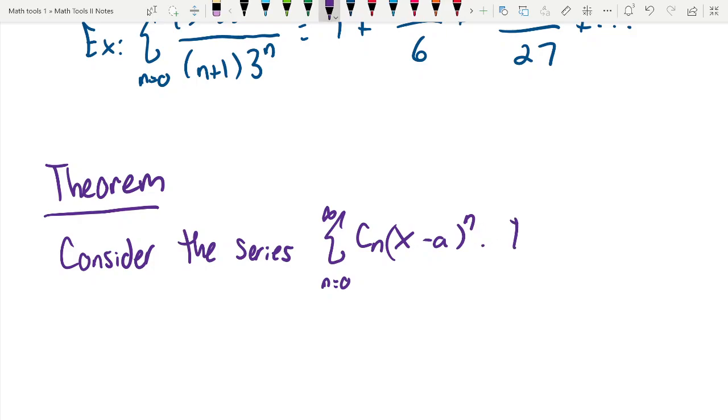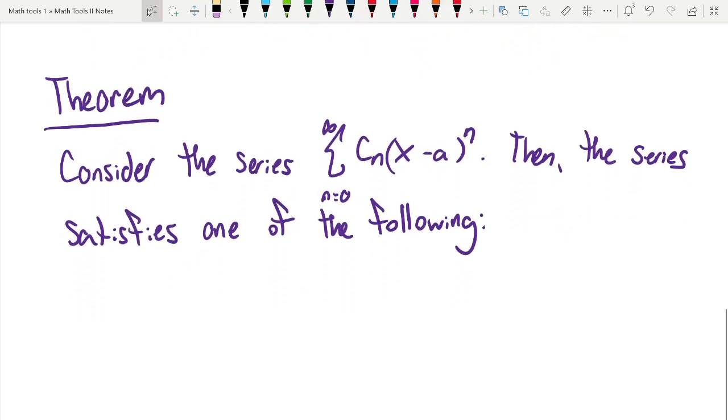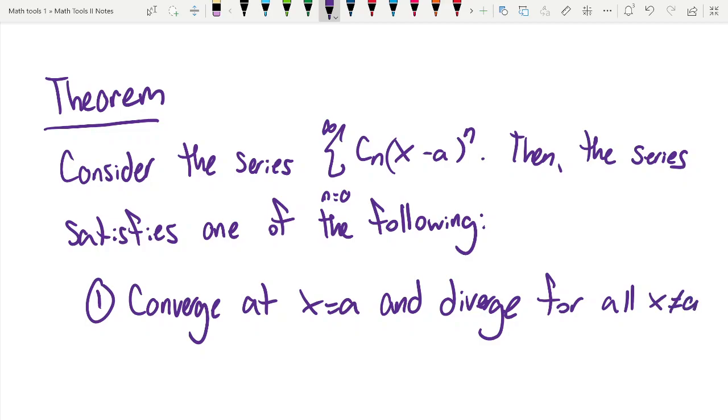Then the series satisfies one of the following, and only one of the following. So it's either going to converge at x equals a and diverge for all x not equal to a.